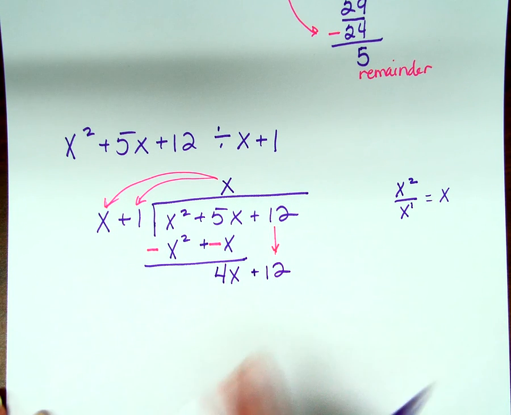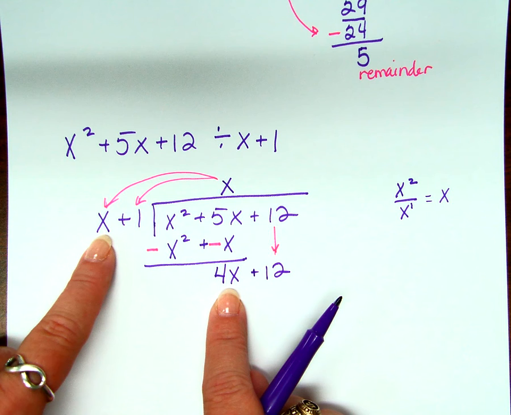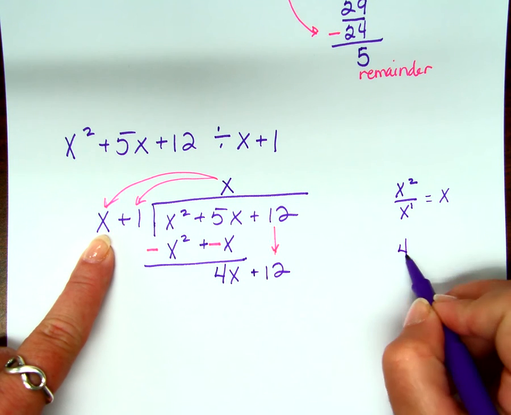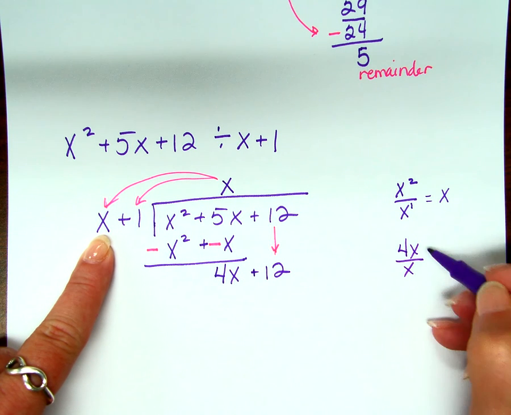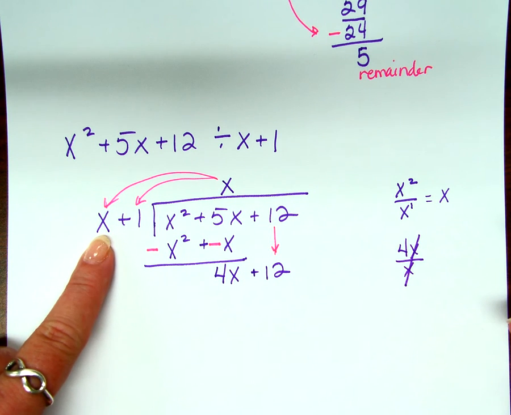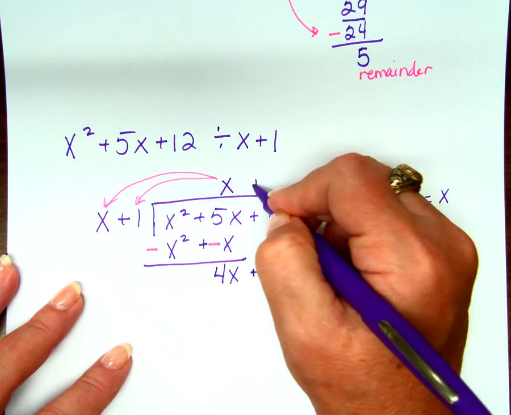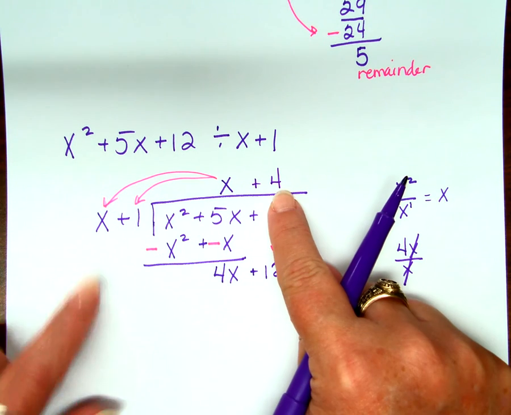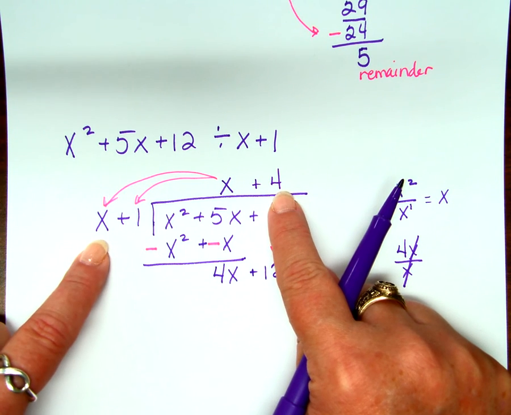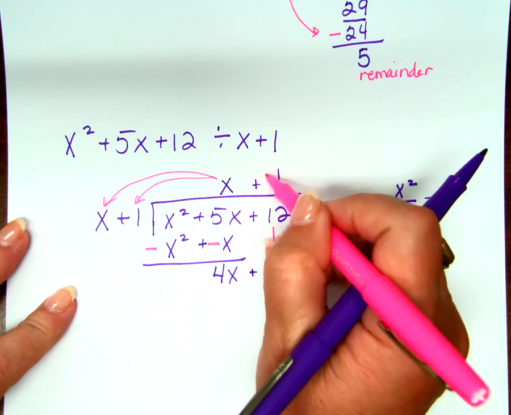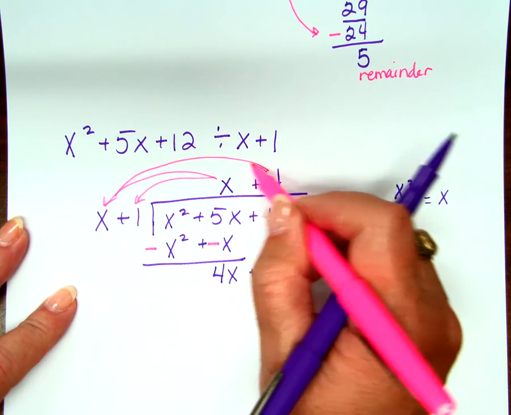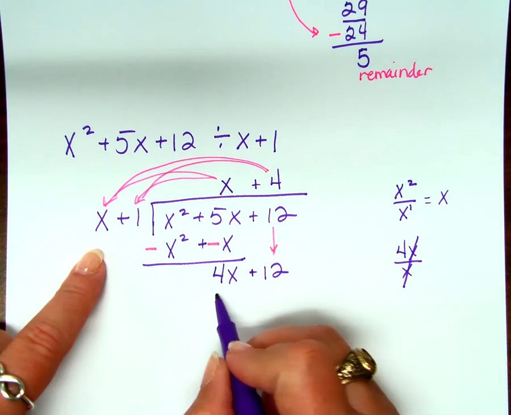We start over. First term divided by the first term. What is 4x divided by x? 4, right? Where does it go? Above the 12. What is 4 times x? Oh, let me draw the lines. 4x.